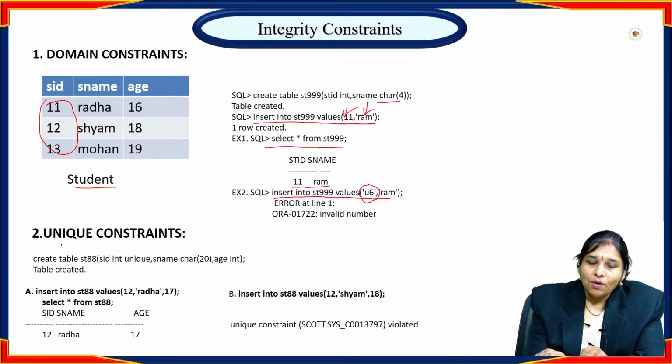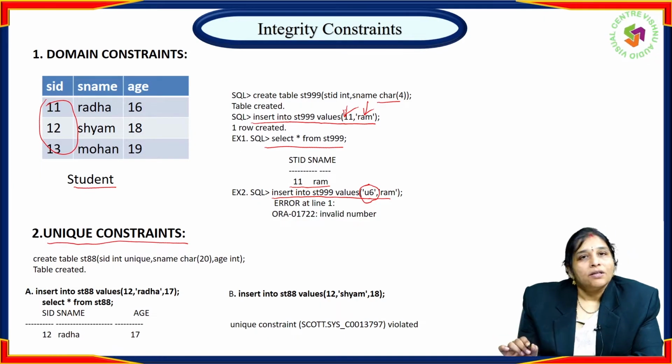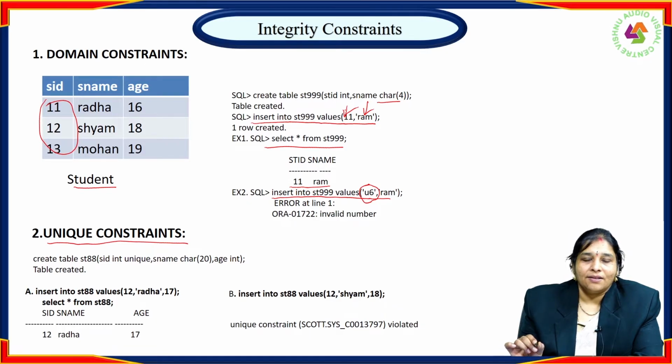Now moving on to our second constraint, it's nothing but the unique constraint. As the name says and everybody knows, unique is nothing but single. Whenever the user wants any particular field's values to be unique, they can use the unique constraint.